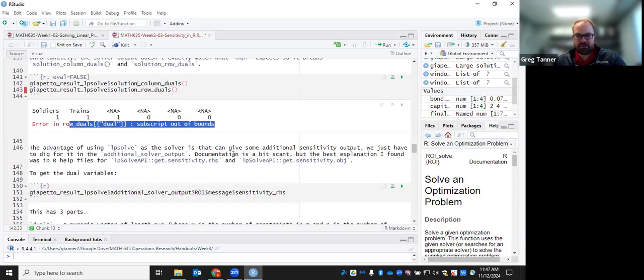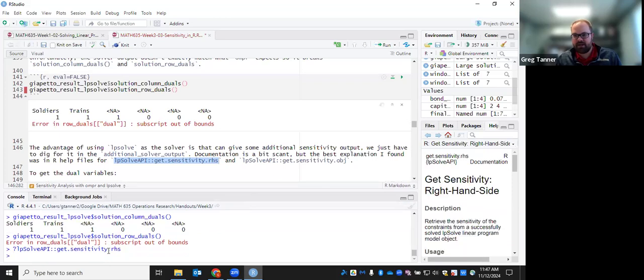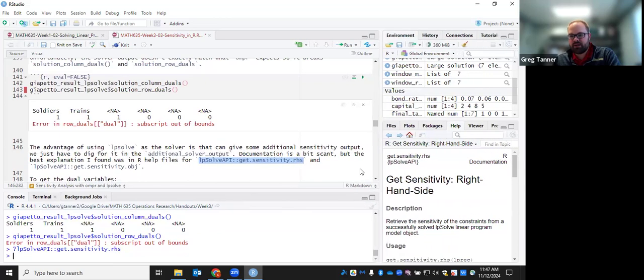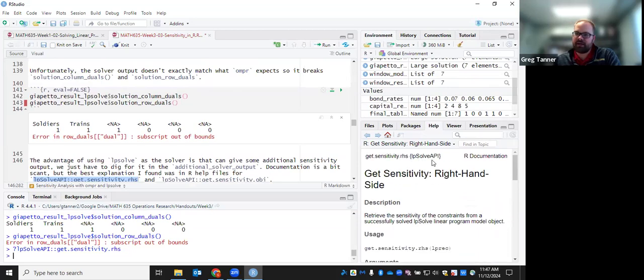Okay. The documentation is a little bit scant, but here are the best explanations that I've found of what lpsolve is giving back. If you take either of these two and put a question mark in front of them, paste them into your console and hit enter, that will open the help file for these functions that are part of the lpsolve API, which is essentially the package that ROI is using underneath the hood to send the commands to the lpsolve C library.